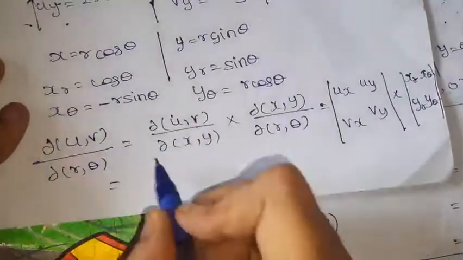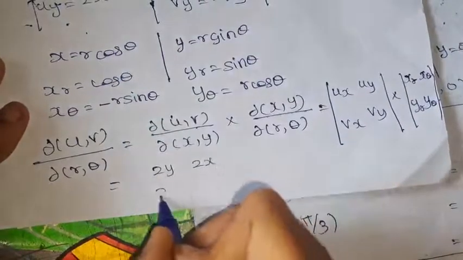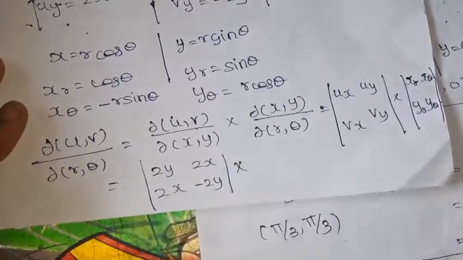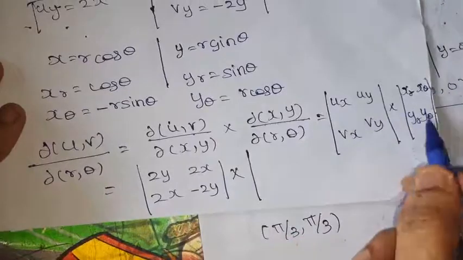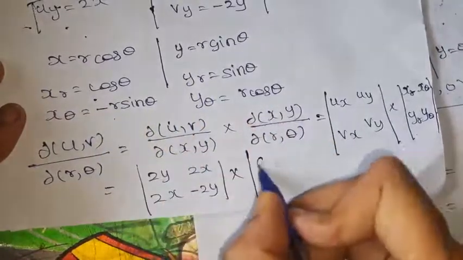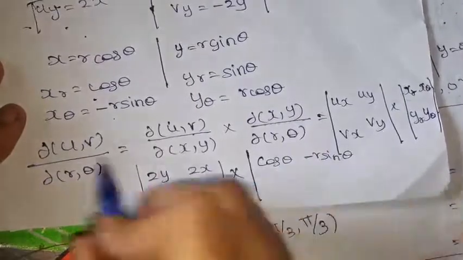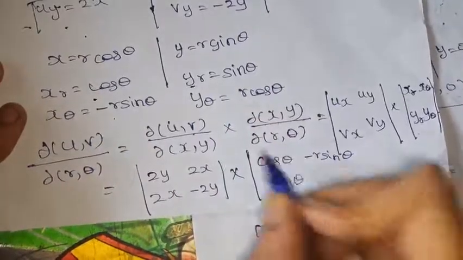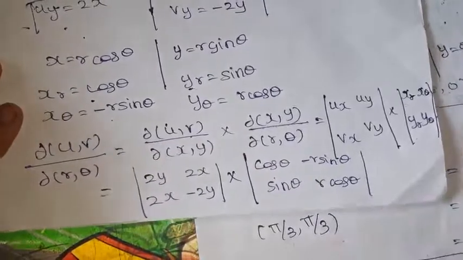Okay. So ux uy is nothing but 2y, 2x, 2x, minus 2y, multiplied by xr x theta, yr y theta, that is cos theta, minus r sin theta, sin theta, r cos theta. Just take the determinant value.